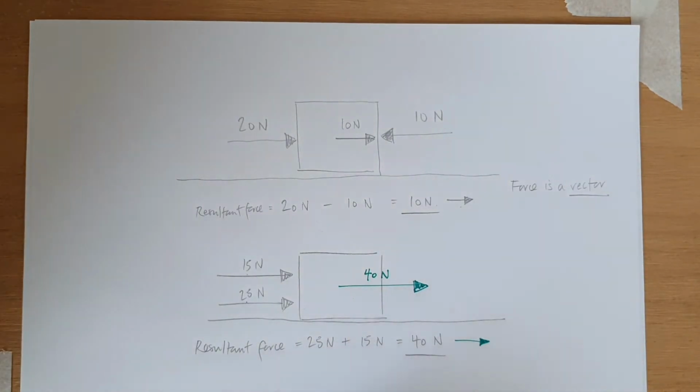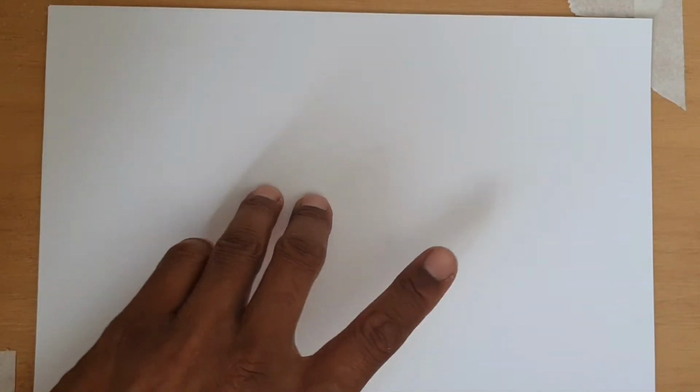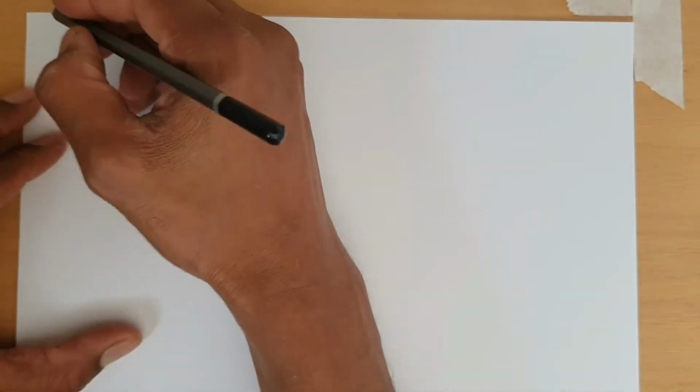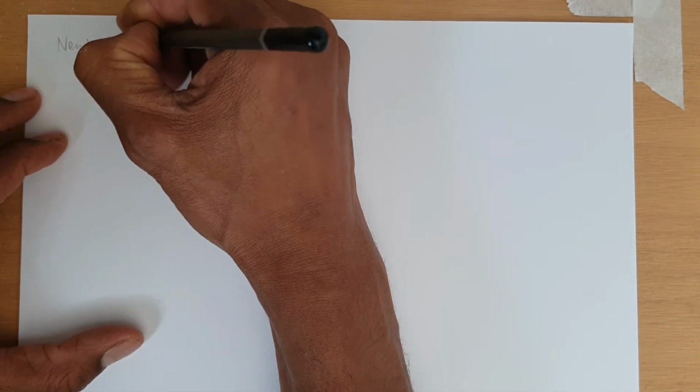Okay, now you have to understand that bit before we can start to talk about Newton's laws, because Newton's laws are all about how forces change the motion of an object. Okay, so Newton's first law is about whether the forces acting on an object are balanced or unbalanced.